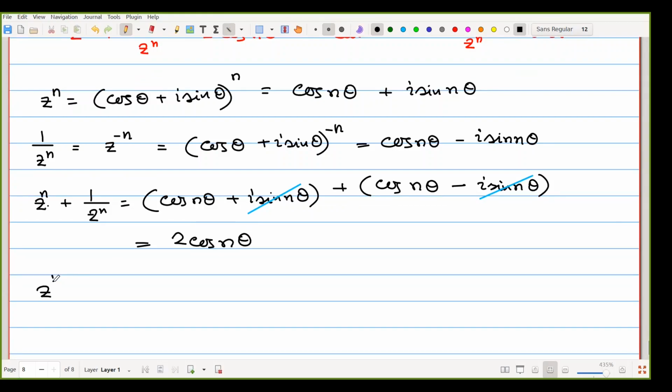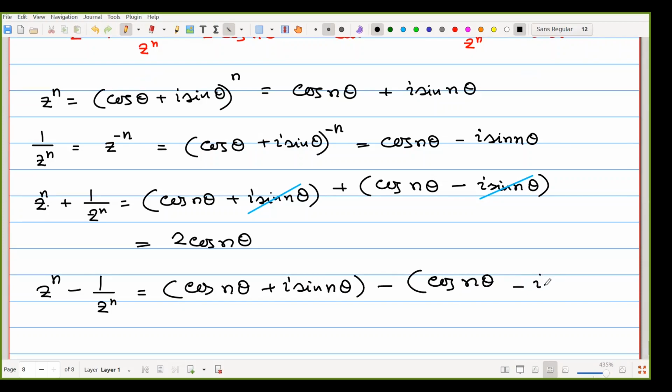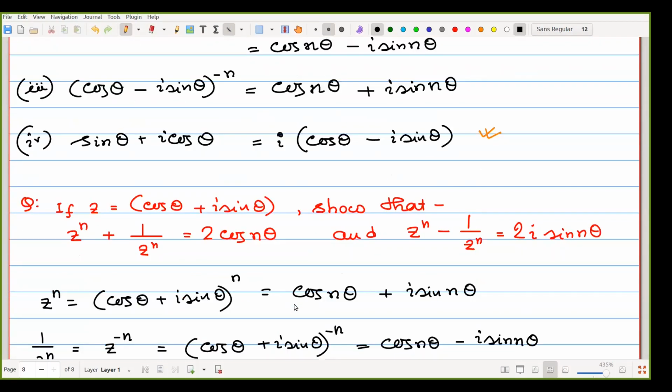And when we have z to the power n minus 1 by z to the power n, that is cos n theta plus i sin n theta minus cos n theta minus i sin n theta. Here the cosines cancel, and minus and minus becomes plus, so that is 2i sin n theta. That is the same thing we had to prove.